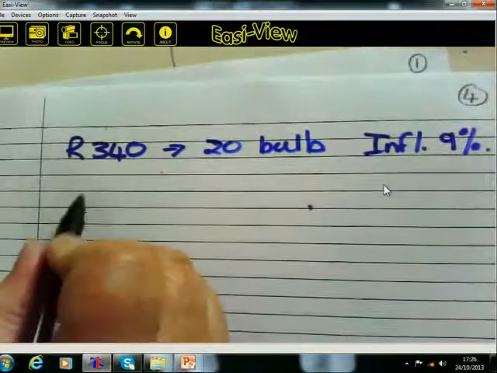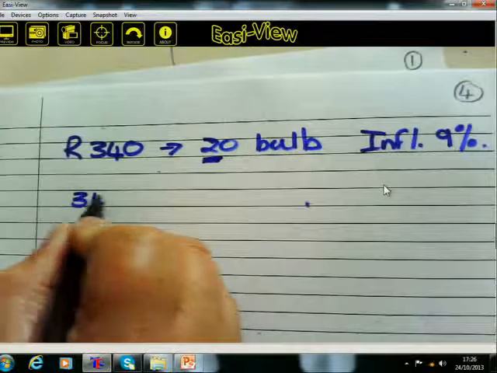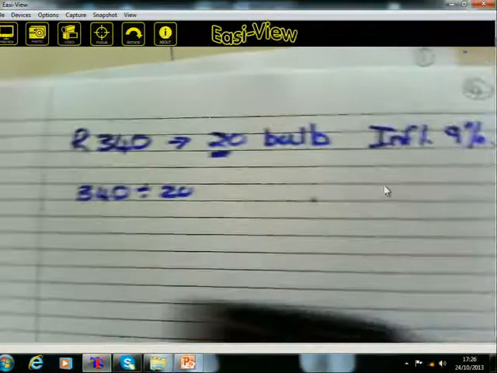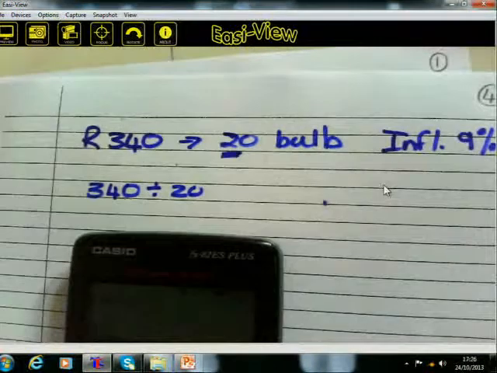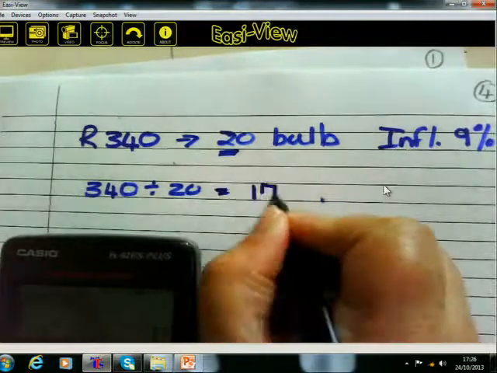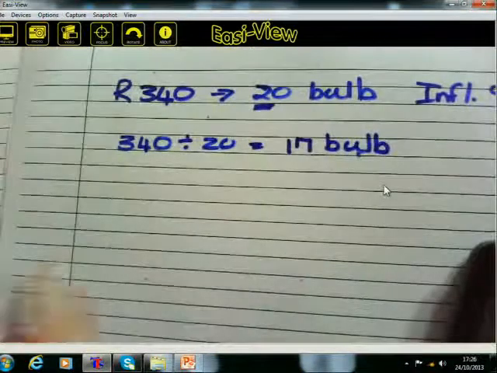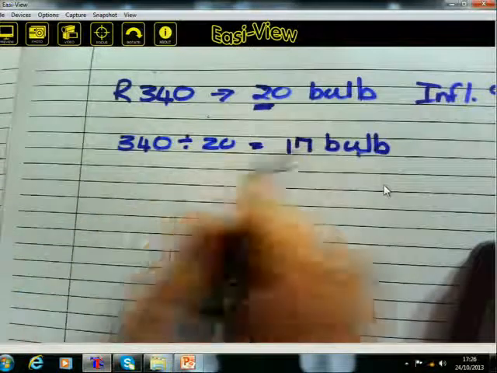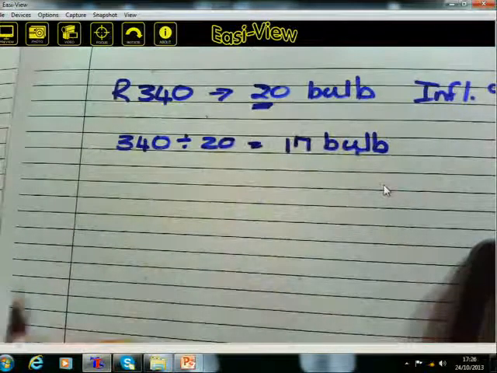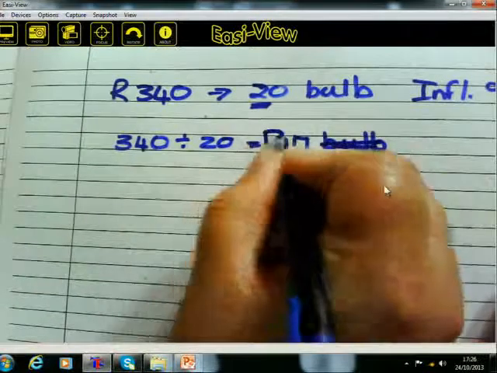So now I first have to look at my price per bulb. So it's going to be 340 divided by 20, and you can take your calculator for that. No, sorry, 20 bulbs gives you 17 Rand.